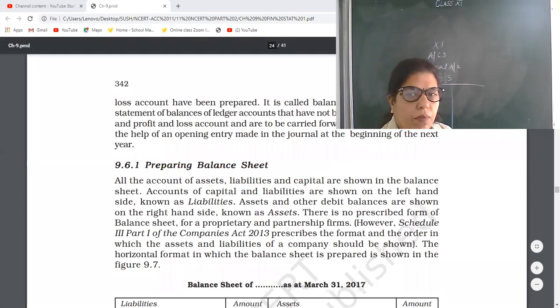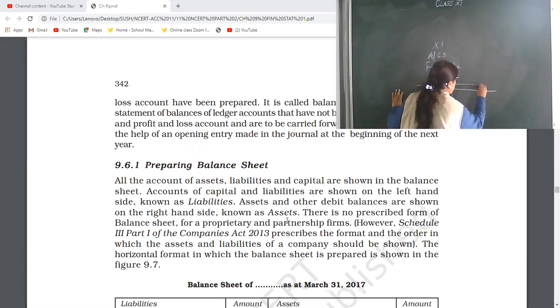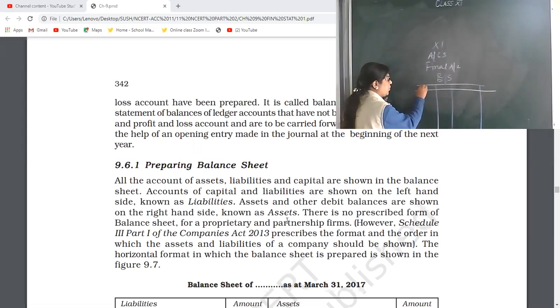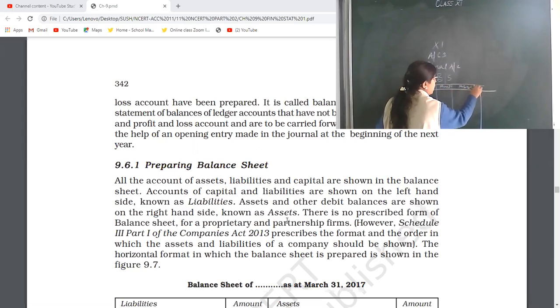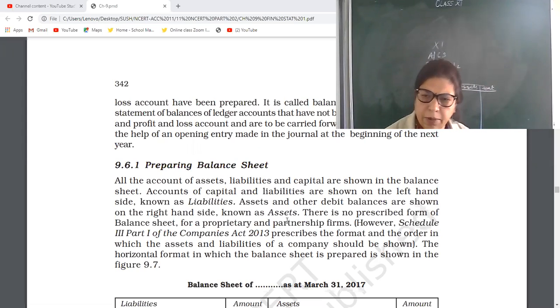So liabilities are to be shown on the left side and assets are to be shown on the right side. See again, this side is for liabilities, amount, assets, amount. You can see the previous videos. Asset and all other debit balances are shown on the right side, which are known as asset.